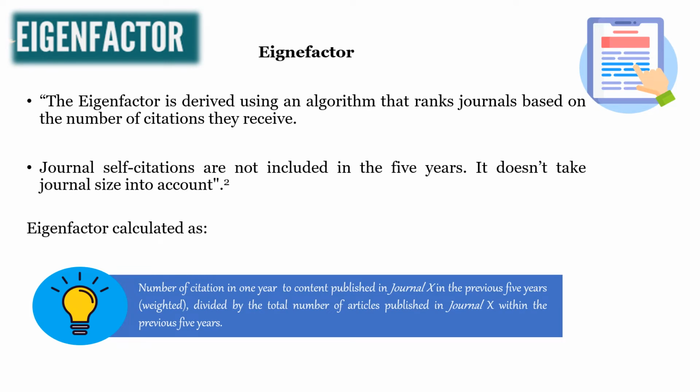So the journal self-citations are not included in the 5 years and it doesn't take journal size into account. So the formula comes out to be the number of citations in 1 year to the content published in journal X in the previous 5 years, that is weighted, divided by the total number of articles published in journal X within the previous 5 years.